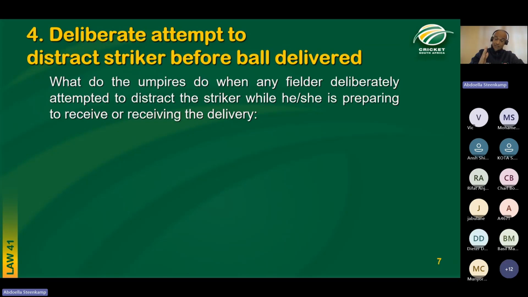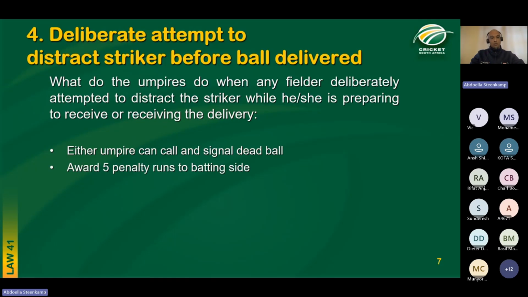So if umpires, after getting together, are satisfied that there's been a deliberate attempt to distract the striker, what is the punishment? We'll call and signal dead ball. We'll immediately go into punishment.